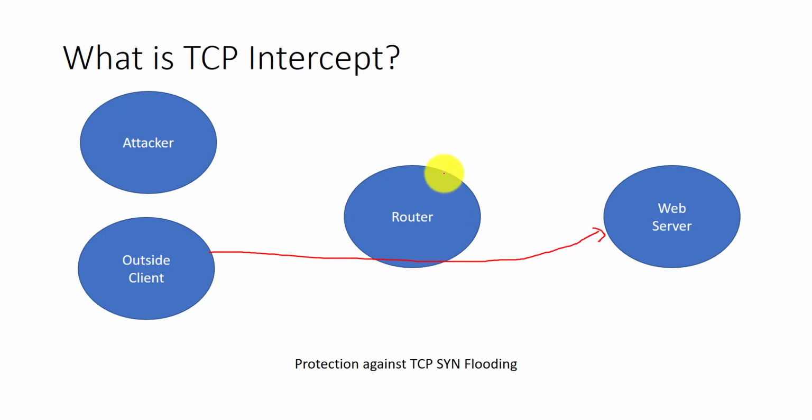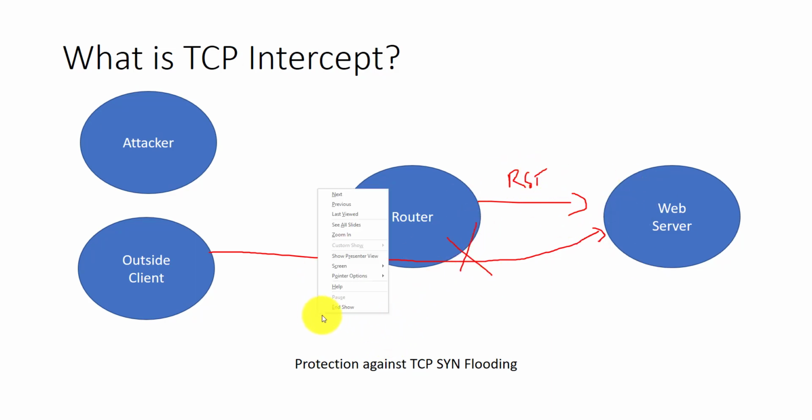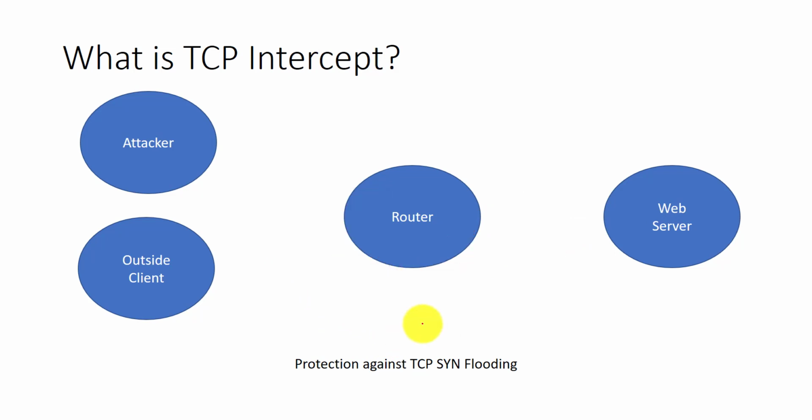I think by default, if no connection becomes established within 30 seconds, the TCP interception will send a reset request to the server to clear up its state. So this will send a reset message to the server to clear up this state, because it's then considered not legitimate. So that's basically how that works.